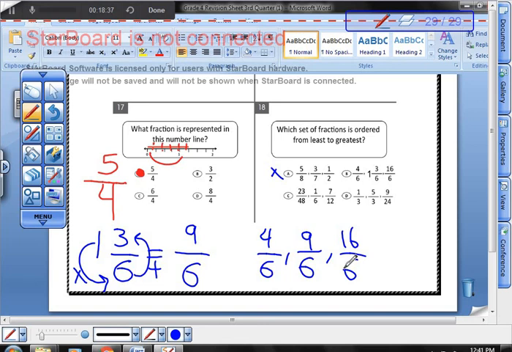In this case, we will look at our numerators and put them in order. The big will be big, the small will be small. Is it ordered from least to greatest? 4 less than 9 less than 16? Yes. So this is the correct answer.